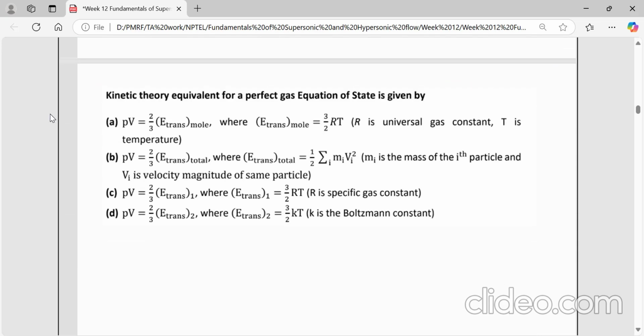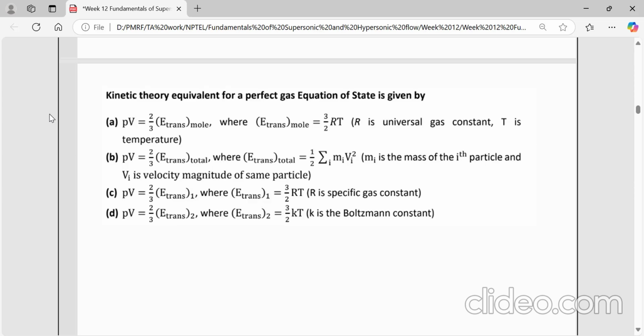Now we'll see the next problem. Kinetic theory equivalent for a perfect gas equation of state is given by option A, PV equal to 2 by 3 E translational mole, where E translational mole equal to 3 by 2 RT. R is the universal gas constant and T is the temperature. Option B, PV equal to 2 by 3 E translational total, where E translational total equal to 1 by 2 sigma i mi vi square.